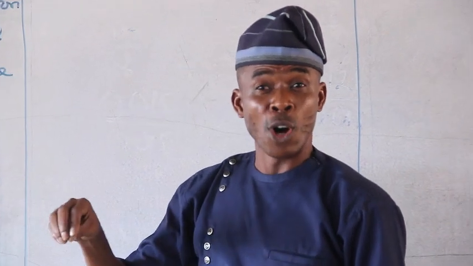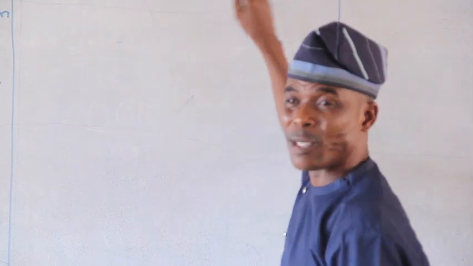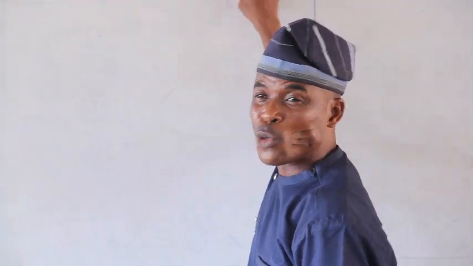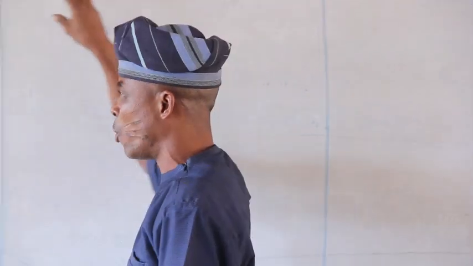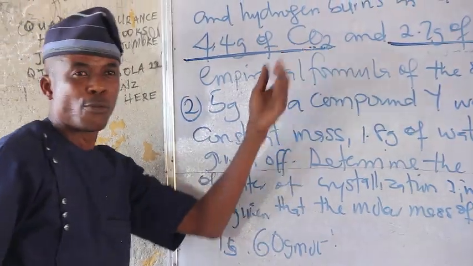That means the relative molecular mass of carbon dioxide is 44. Now I want to determine the mass of carbon that will be present in 4.4 gram of carbon dioxide.